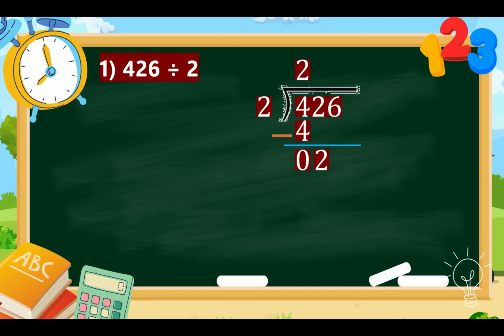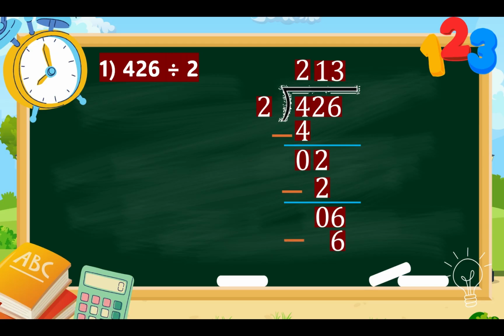Divide, multiply, subtract, and bring down. So 2 divided by 2 will have 1. Then 1 times 2 equals 2. Then 2 minus 2 equals 0. Then bring down 6. 6 divided by 2 equals 3. 3 times 2 equals 6.